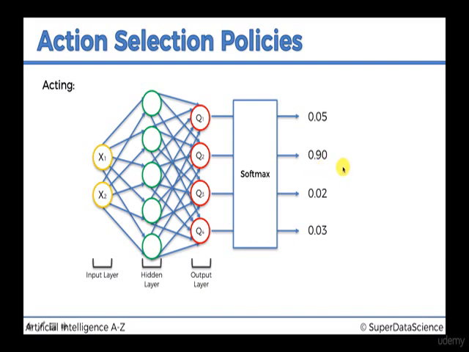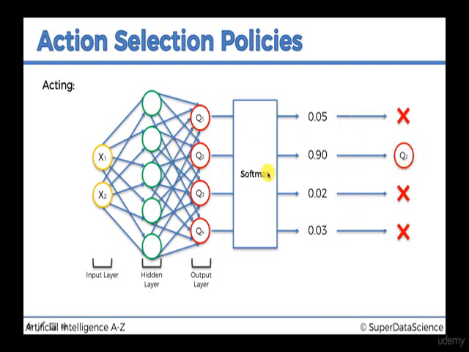So that is why we can say here we've got Q values, but here all of a sudden we've got probabilities. We can say that the likelihood of this being the best action is 90%, this one 5%, 2%, 3%, because we know the higher your Q value, the better the action. And so if we squash them to 0 to 1, then these become probabilities and we can deal with them as such. And therefore, now is when the action is selected, and that's how we come up with Q2.